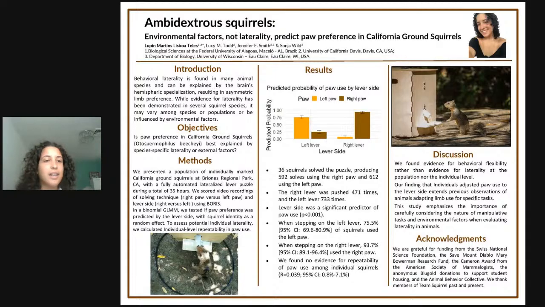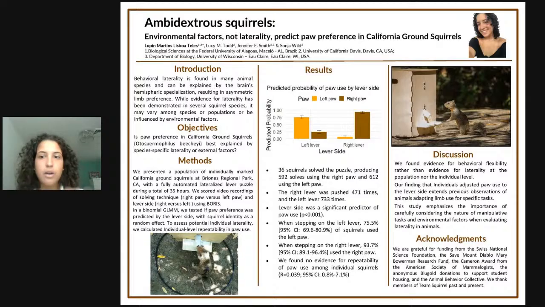As for the discussion, as said before, we found evidence for behavioral flexibility rather than laterality. In other words, they actually adapt to the external factors to use each of their paws.